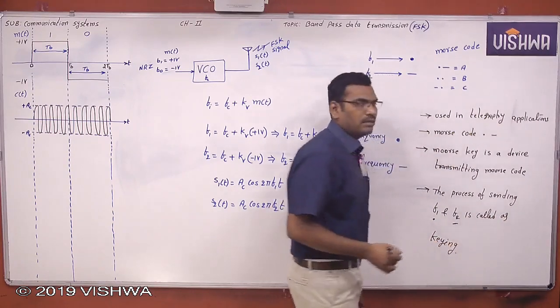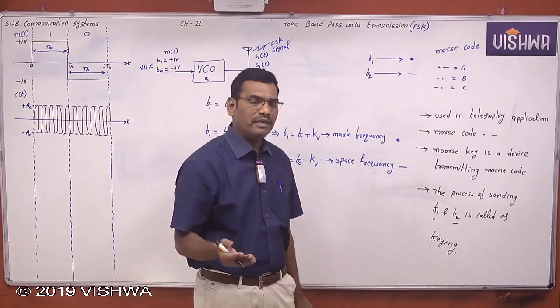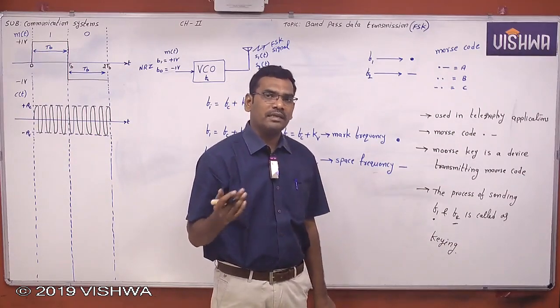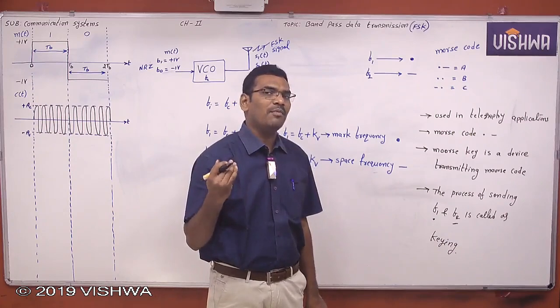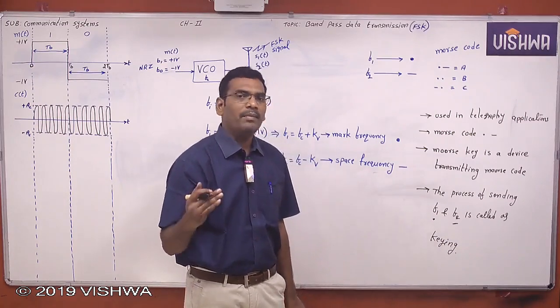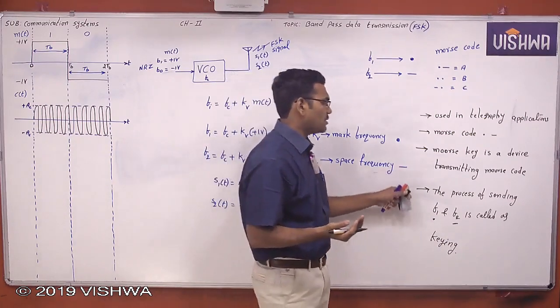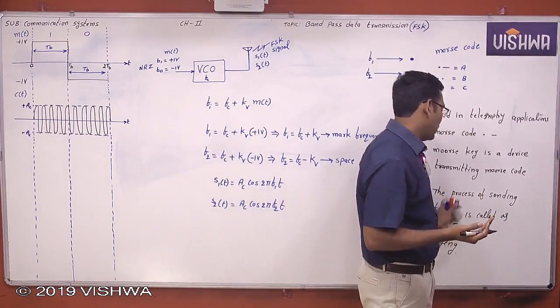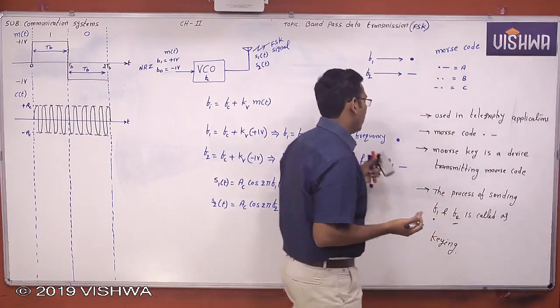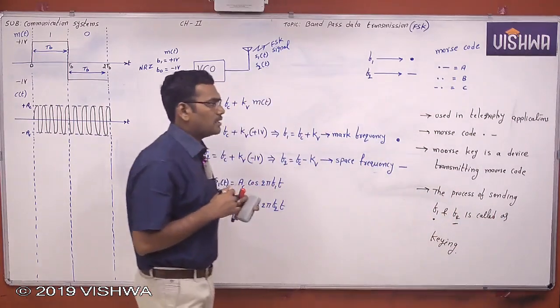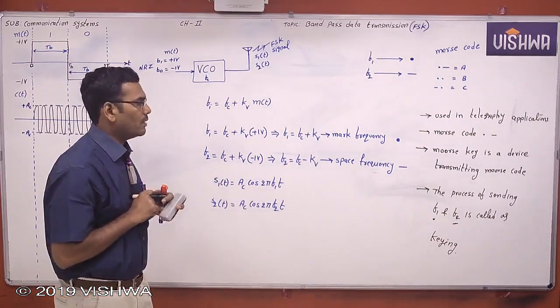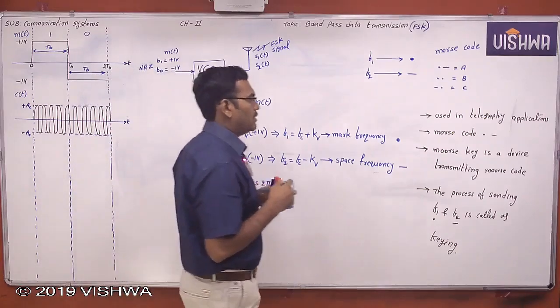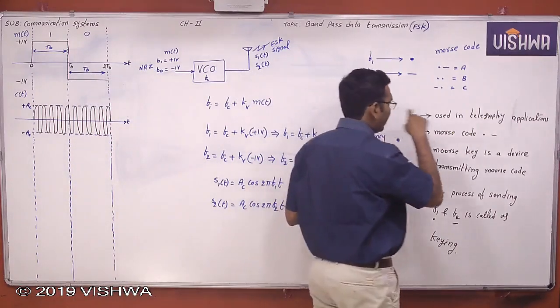That is why this is frequency shift keying, amplitude shift keying. It is the process of transmitting binary 1 and binary 0. Actually, it is used in Morse code, and that language is used in telegram and telegraphy applications.